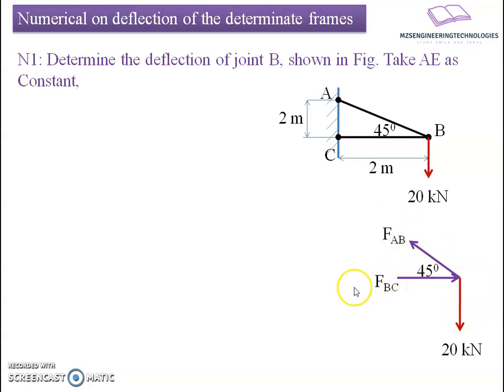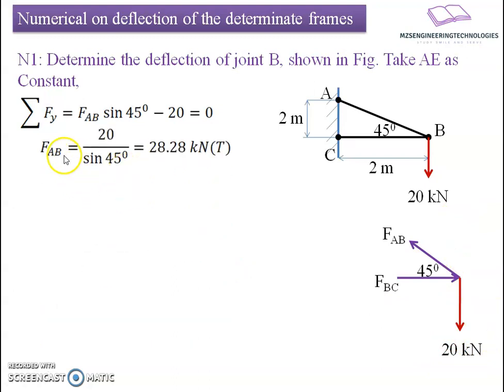Now I will apply the static equilibrium equations to joint B. Summation of Fy equals 0 gives FAB sine 45 minus 20 equals 0. The vertical component of FAB is the sine component, because the angle is measured with the horizontal axis, and it balances the 20 kilonewton downward load. This gives FAB equals 20 divided by sine 45, which is 28.28 kilonewton tensile.